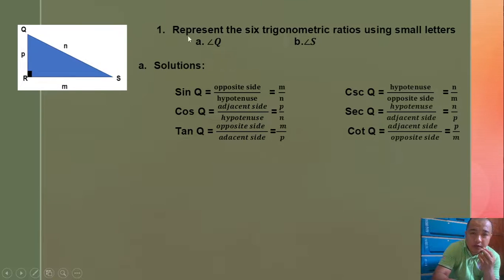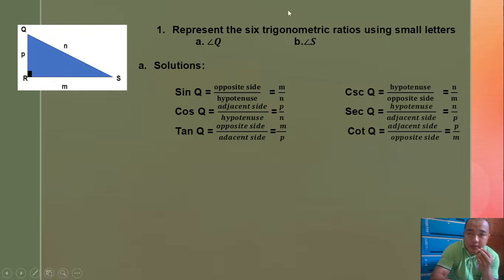Let's start with our reference angle, letter A, angle Q. If angle Q is our reference angle, opposite side is M, adjacent side is P, hypotenuse is N. So therefore sine Q is SOHCAHTOA, opposite over hypotenuse, so M over N, hypotenuse N. Now cosine Q is adjacent side over hypotenuse, so P over N. Tangent Q is opposite side over adjacent side, so M over P. And then therefore, cosecant Q, the inverse of sine, is N over M. Secant Q is the inverse of cosine Q, so N over P. And cotangent Q is the inverse of tangent Q, so P over M.